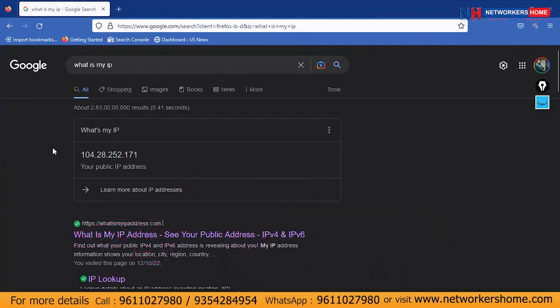Okay. So who is doing this translation? My IP is 172.16, but for the internet, I'm using 104.28.252.170. So who is doing this translation? Because my actual IP is different, but I'm going on the internet with a different IP. So someone is changing my IP in between. Who is changing? Your router. Your router is performing NAT, network address translation.